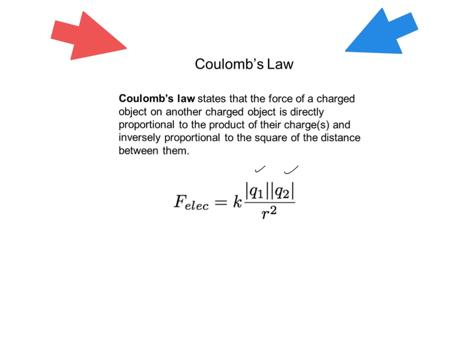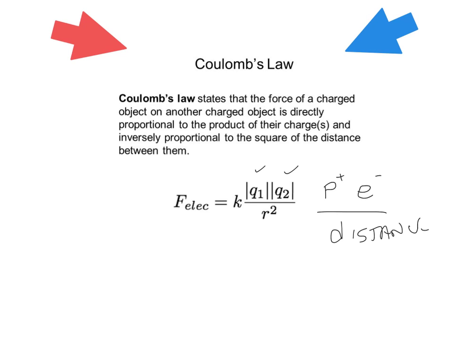This could be protons, charges of 1, so it could be protons with a positive charge and electrons with a negative charge, divided by the distance between them, okay, in a squared amount.